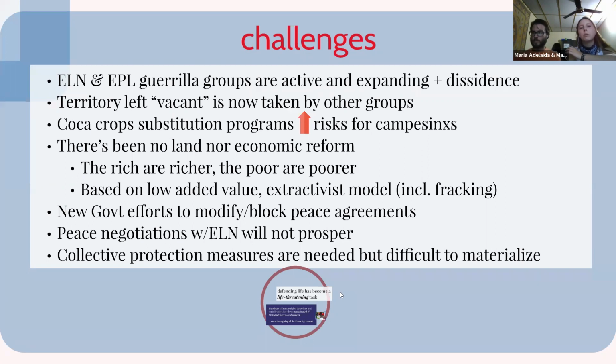So these coca crop substitution programs have increased the risk for the farmers, not only for what I said before, but mainly because these coca crops imply a lot of money, and some of the farmers are willing to let go of the illicit crops, but it is not only depending on them.